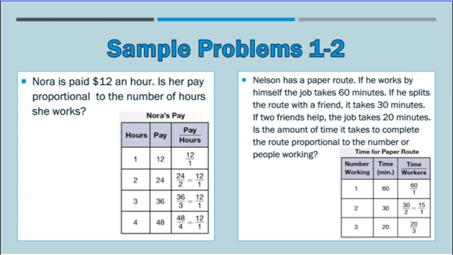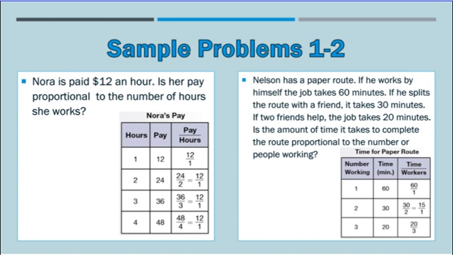So you can see in the chart there, Nora's pay, so she works 1 hour, she gets paid $12. So her pay to hours is 12 to 1. 2 hours she works, she gets $24. So the pay is 24 to 2.